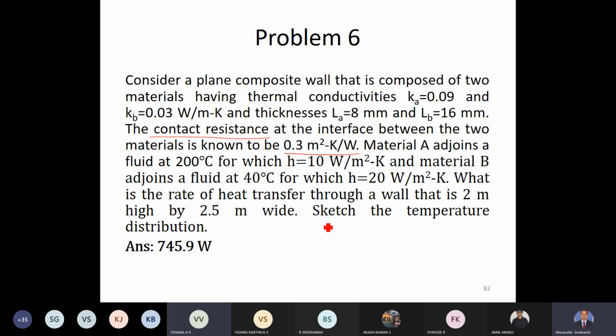To sketch the temperature distribution, you should know the temperatures, which means indirectly you are asked to find the unknown temperatures also. Only then can you sketch the temperature distribution. This is the problem of a plane composite wall consisting of a minimum number of composites, two composites only.